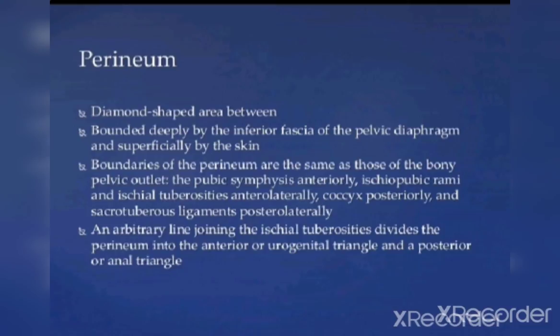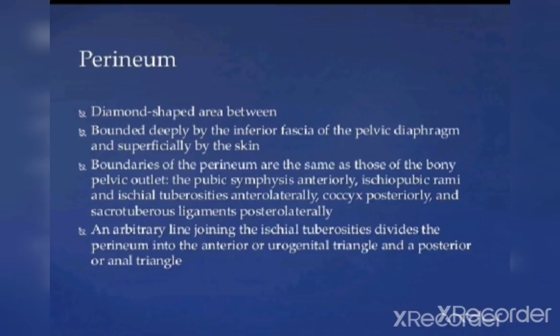Anteriorly there is the pubic symphysis, ischiopubic rami and ischial tuberosities anterolaterally, coccyx posteriorly, and sacrotuberous ligament posterolaterally. Okay, these are the various boundaries of the perineum.